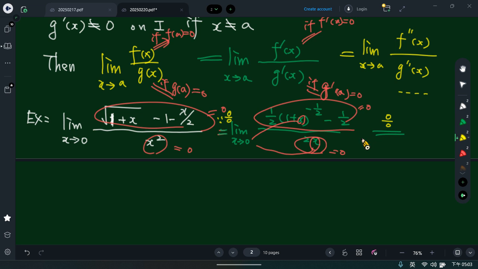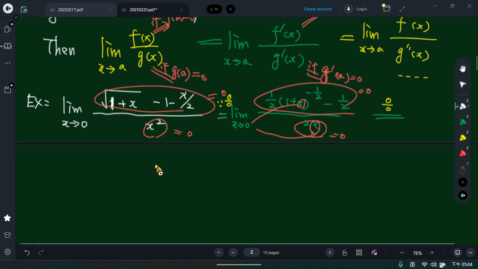When you just use 0, here it will be 1 half minus 1 half, 0. 2x, 0, so 0 over 0. So it's still 0 over 0. So we can continue to differentiate it.